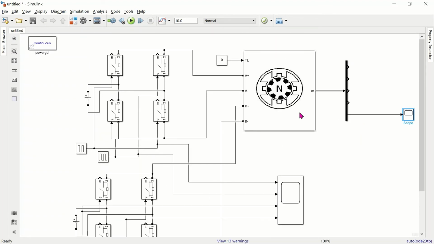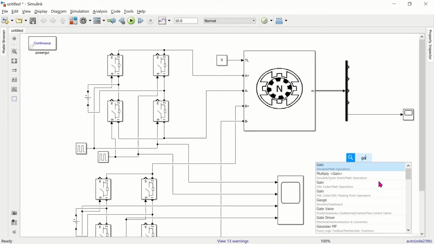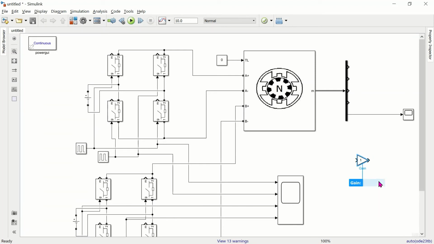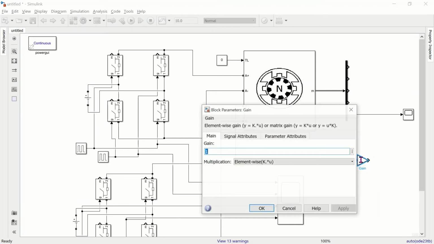The step angle output of this motor parameter is in radians. We have to convert it into degrees. So I select again. It is equal to 180 divided by pi.